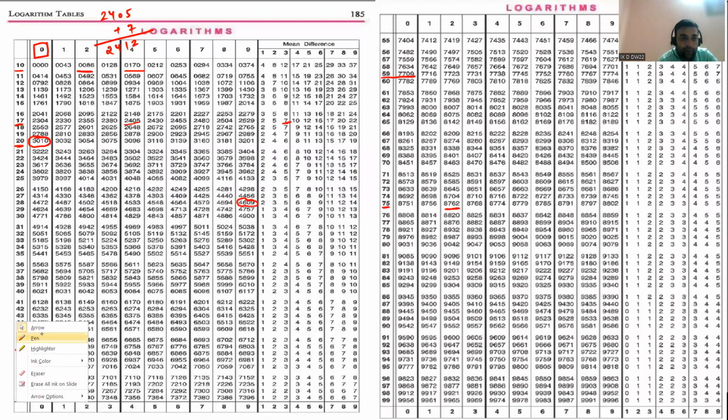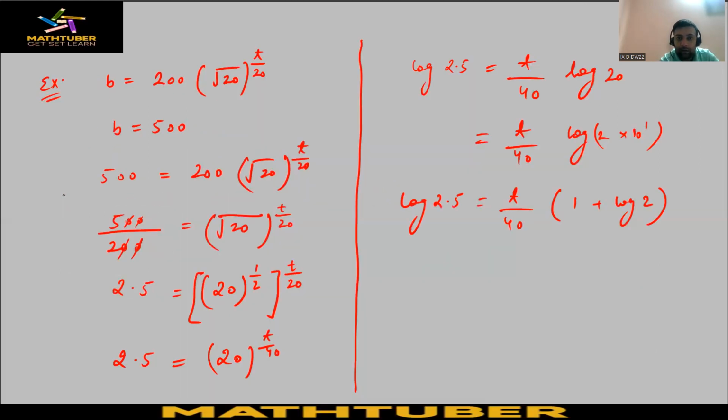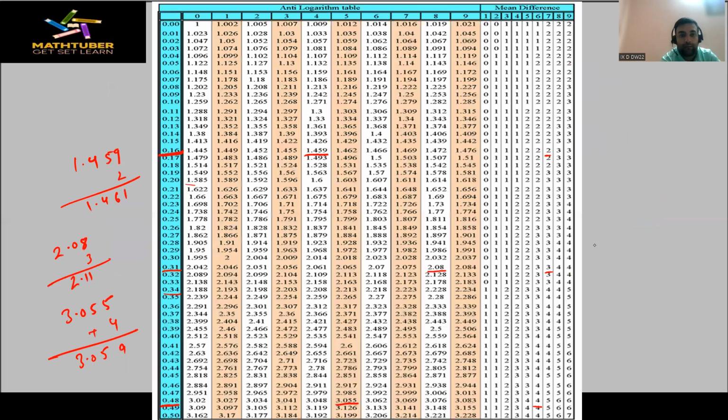So log of 2.5 is, 25 at 0th column, which is 3979. So it will be 0.3979 is equal to t upon 40 into (1 plus log 2). Now log 2 is log 20 actually at the 0th column.